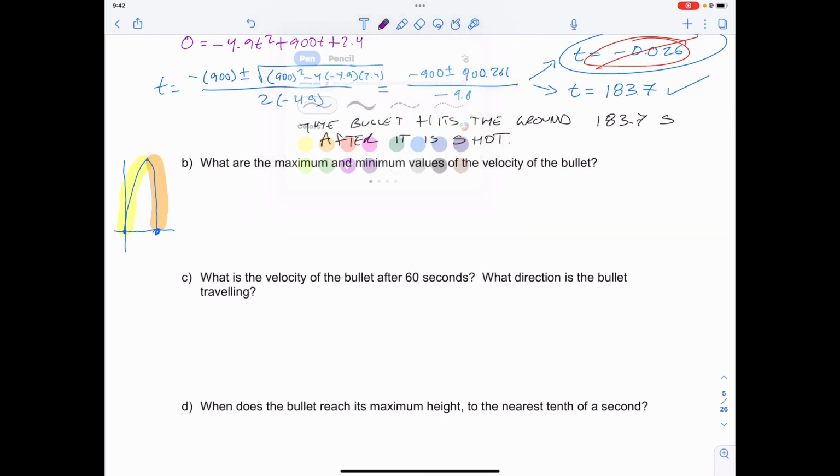So when it says what are the maximum and minimum velocities here, well, I know that the velocity is going to be h prime of t, and given my original equation, that's going to give me negative 9.8 t plus 900. So what is the maximum velocity?